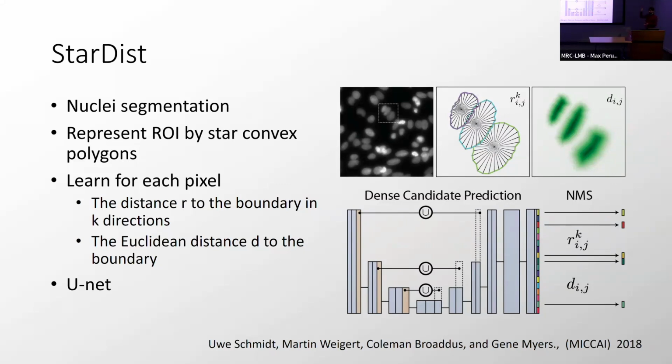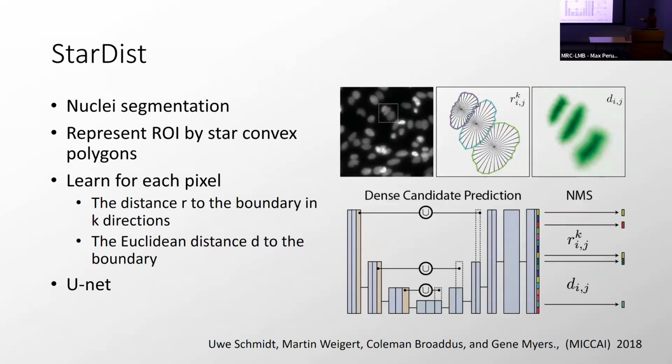So at each pixel, we'll have 32 values, which are the distances to the boundary in those directions. And then there is the Euclidean distance to the boundary, which can be used as a post-processing to find the instances, basically to distinguish these three attached nuclei.